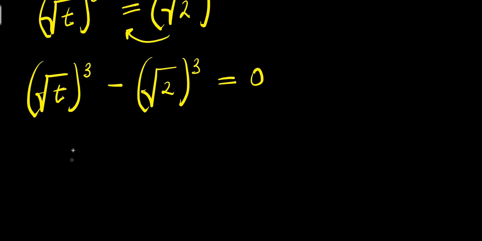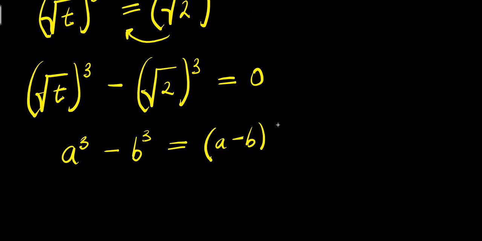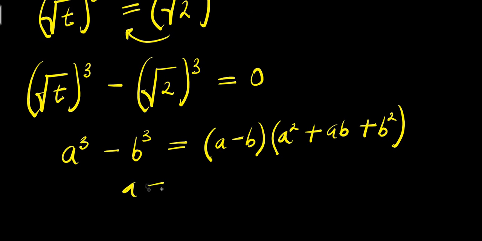Now, if you have a to the power of 3 minus b to the power of 3, this equals a minus b times a squared plus ab plus b to the power of 2, and from here we have a equals root t and b equals root 2.